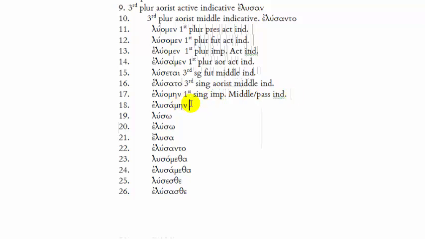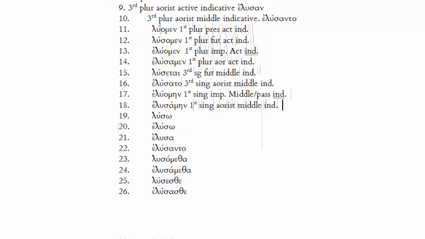Okay, eluomen and elusamen, what's the difference here? That sigma alpha there is a dead giveaway for one thing, and anytime you see the sigma alpha, that should scream aorist. Okay, and indeed that's what we have here, especially with that augment there. That's another sign. Okay, so we now have what? A first singular aorist middle indicative.